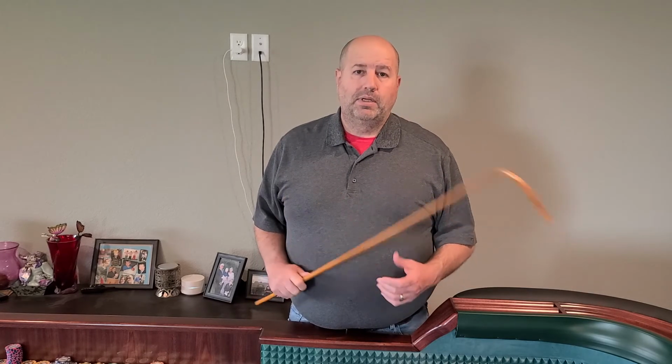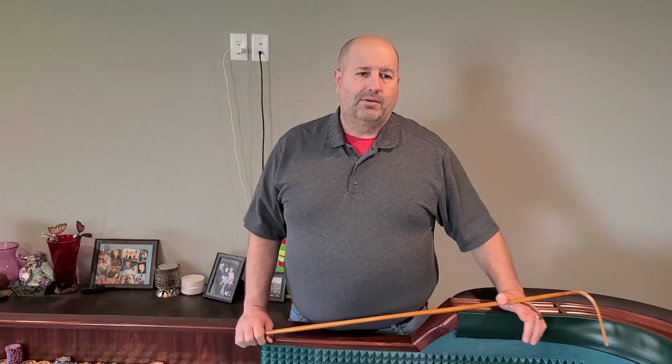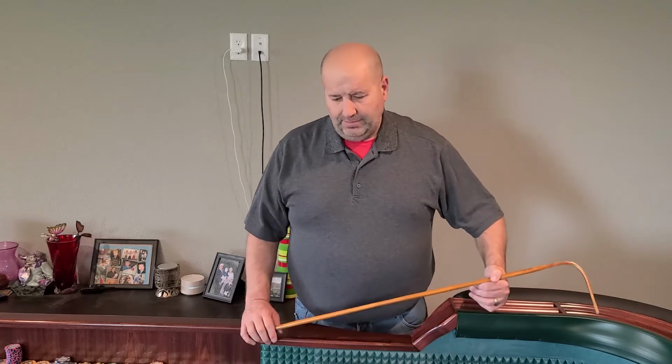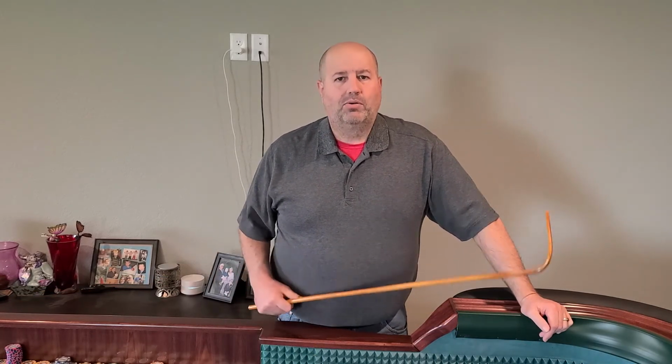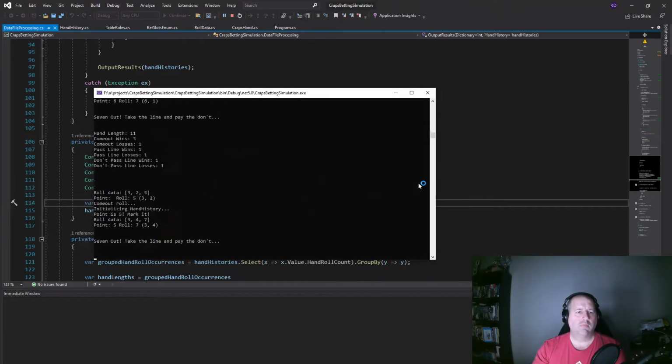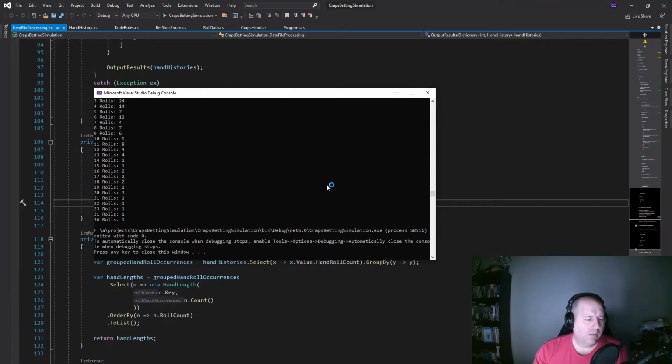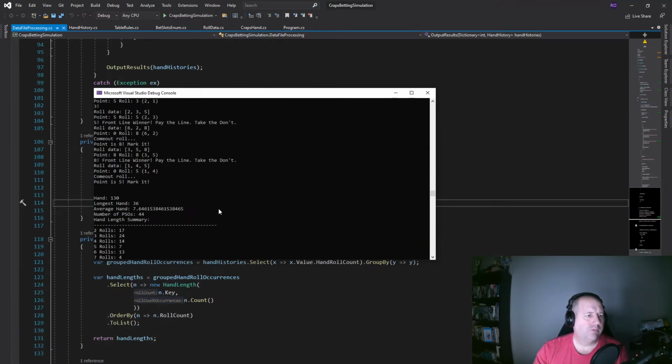Speaking of nerdism, I've also got another app in progress. Right now, as I mentioned, I'm logging these rolls. I'm putting them in Bone Tracker. I'm going to take those rolls out of Bone Tracker, and I'm going to pass them into my application, and I am going to apply multiple betting strategies against that roll data to try and find the absolutely best betting system.